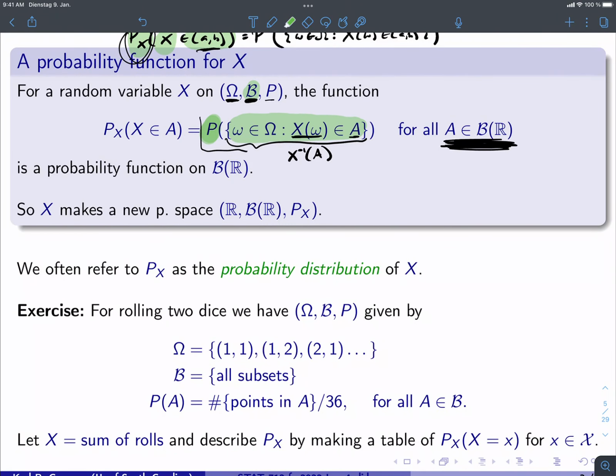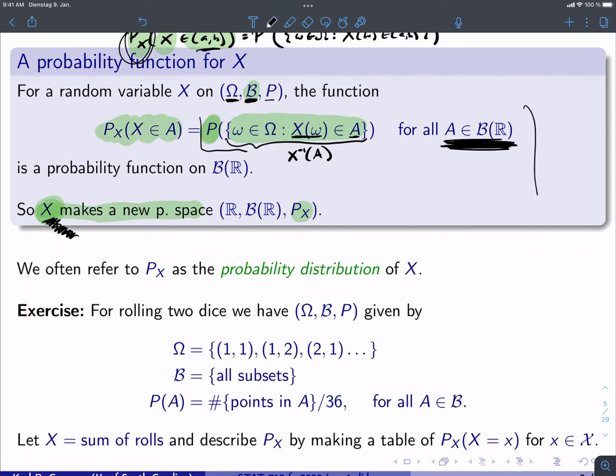And if we think about this, we can understand that x is making basically a new probability space where R becomes the new sample space, since x always takes a value in the real numbers. And then we've got the Borel sigma algebra here and the new probability function based on x.